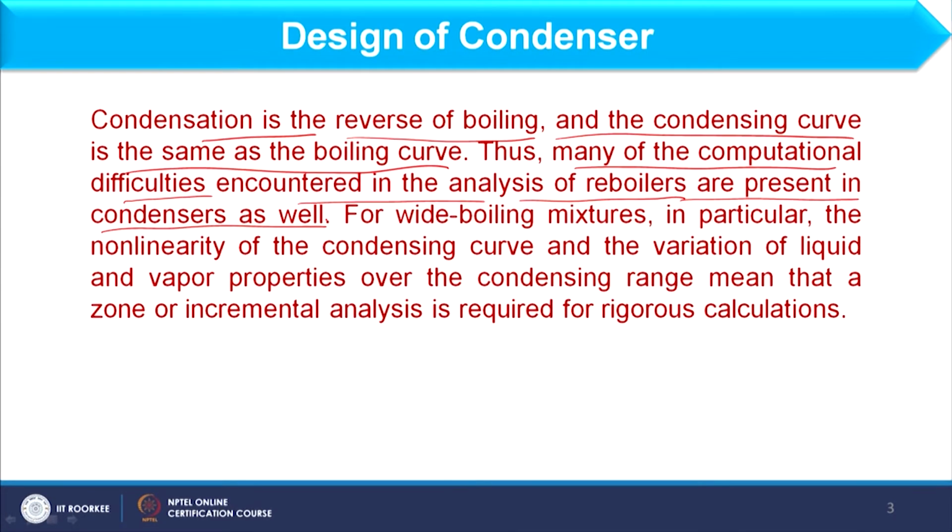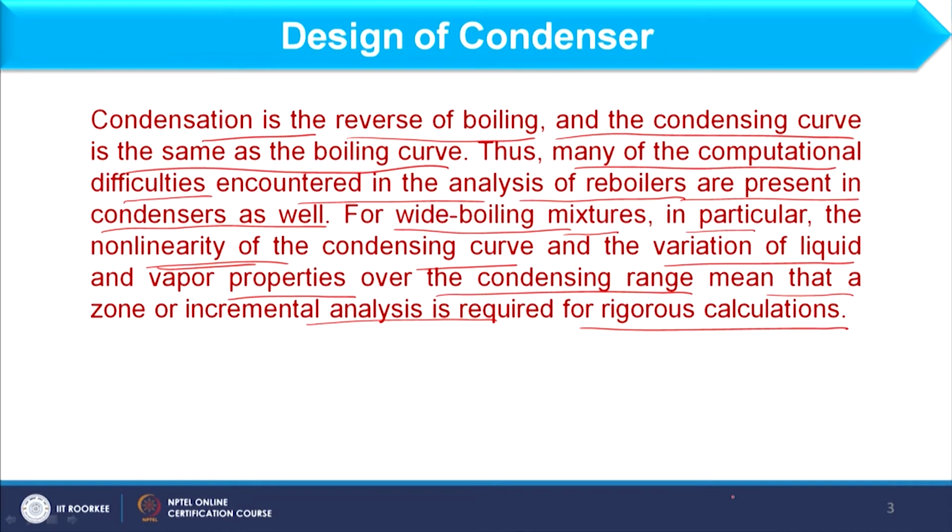Okay. So, for wide boiling mixtures in particular, the non-linearity of condensing vapor and the variation of liquid and vapor properties over the condensing range mean that a zone or incremental analysis is required for rigorous calculation.